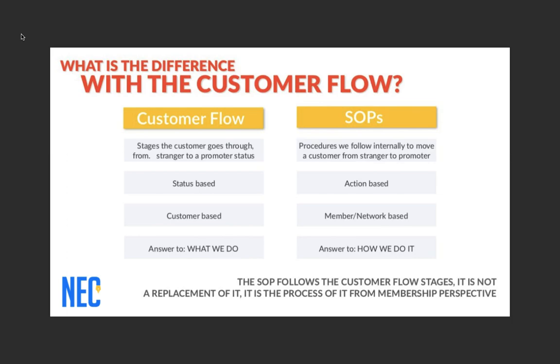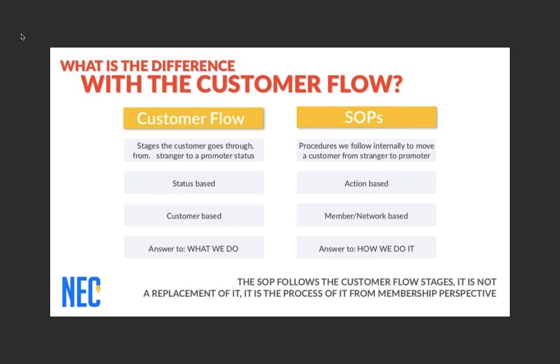Customer flow is status based, SOPs are action based. If customer flow is customer based, SOPs are members and network based, which means that SOPs are created for our network, for our members, for team leaders, for vice presidents to understand exactly what we need to do with this product and how to sell it, what actions need to be taken.